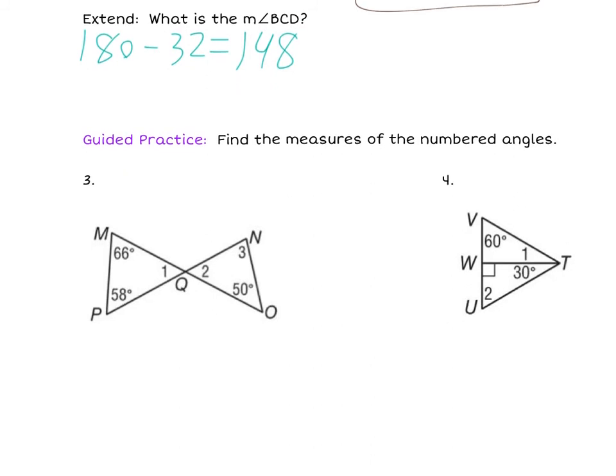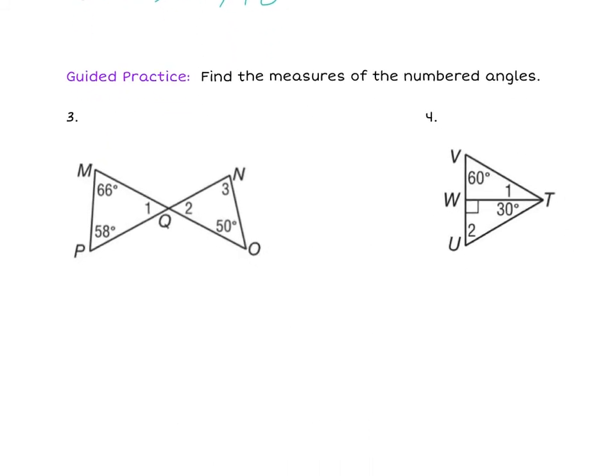All right, guided practice. Find the measures of the numbered angles. Well, we're going to solve this the same way we did the other one. In number 3, we want to find the measures of 1, 2, and 3. We're going to start with the measurement of angle 1. The measure of angle 1 is such that 66 plus 58 plus the measure of angle 1 must be equal to 180.